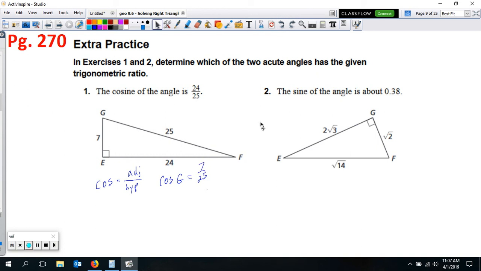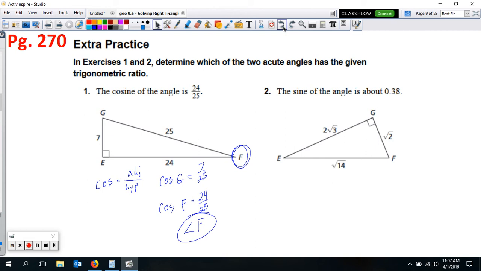So 7 over 25, which is not it. We're looking for 24 over 25. If we try cosine of F, adjacent is 24 over hypotenuse 25. So yes, 24 over 25. That would be F. So the acute angle that has that cosine, equal to 24 over 25, is angle F.